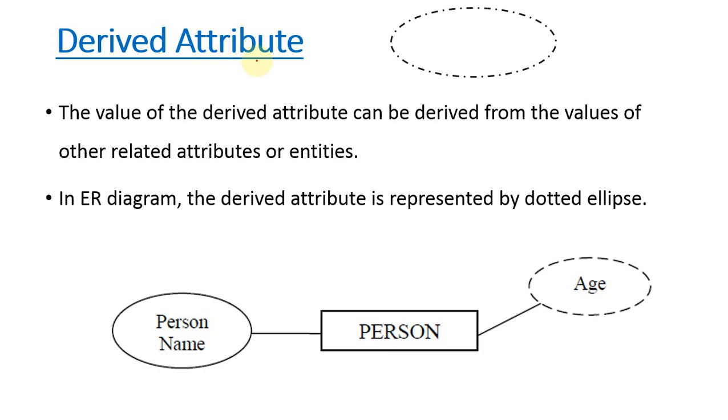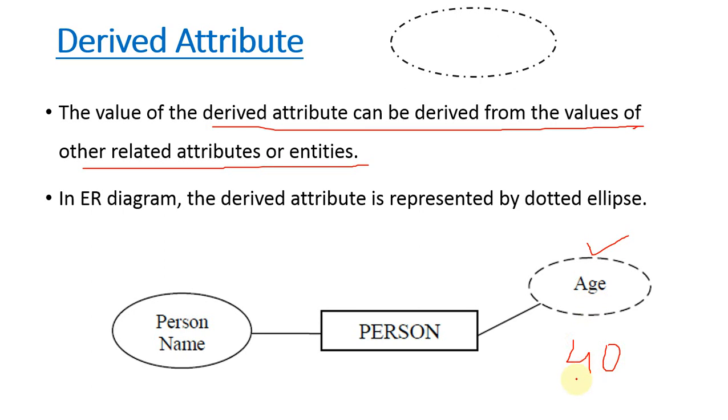Next, the derived attribute. A derived attribute can be derived from the value of other related attributes or entities. Age here is an attribute, but you cannot directly say 40 or 20 or 17 or 10.